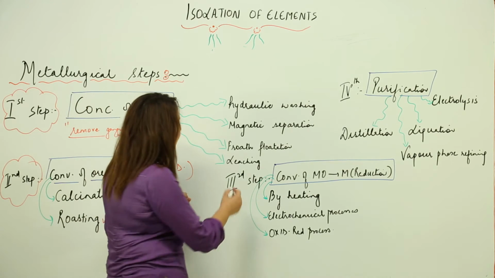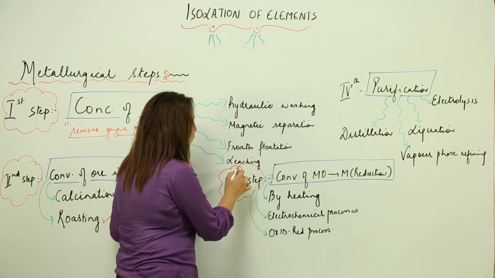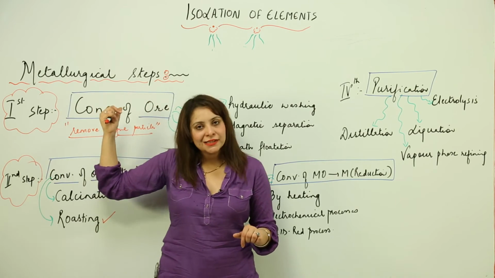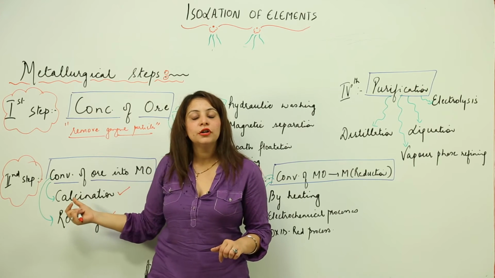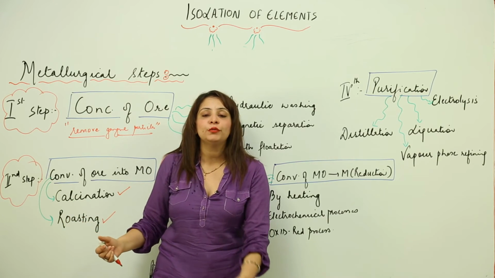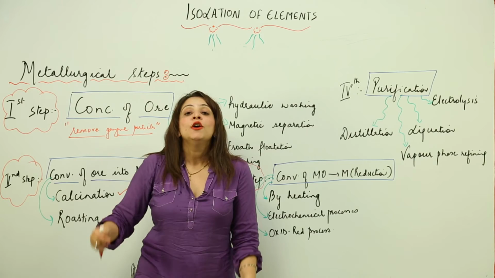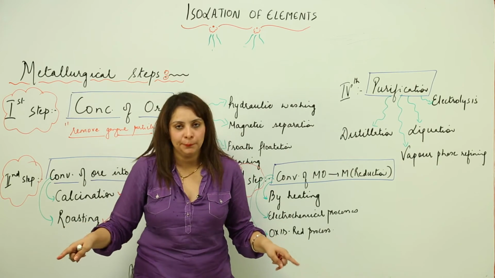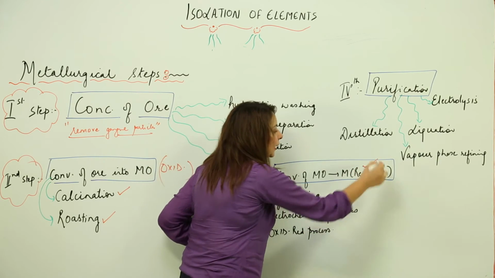The third step: you have a metal oxide. Earlier you had a rock, an ore, then you concentrated it, and now you have a metal oxide. The third step is that we convert the metal oxide into metal and oxygen, that means we separate them. That is called reduction.